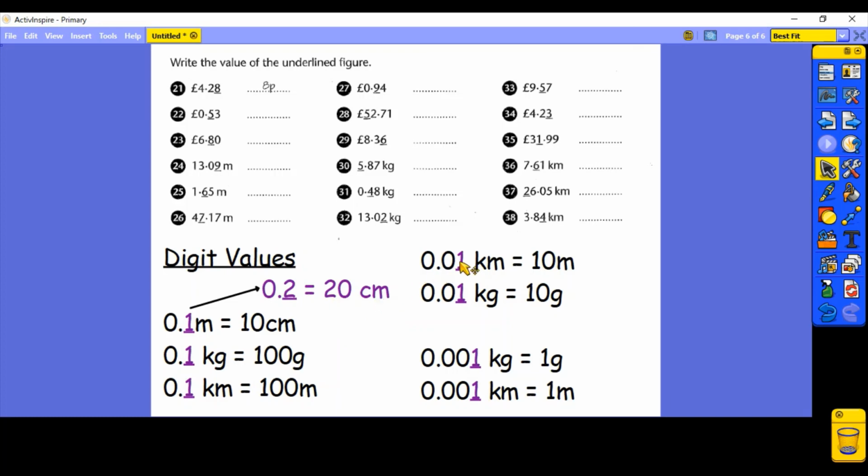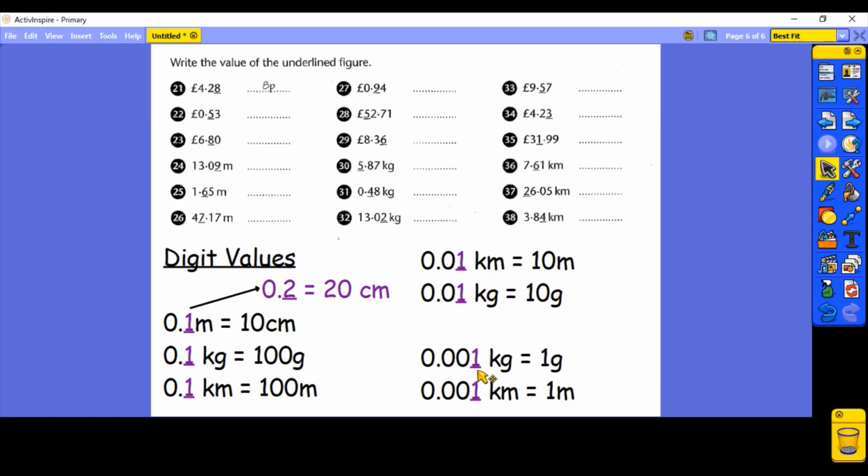If you've got another decimal place, so 0.01, this decimal place is actually worth 10 meters each. 0.01 kilograms, this 1 in the second decimal place, is worth 10 grams. Now, if we went further than that, and we had 3 decimal places, we would have the 1,000 grams divided by 1,000.